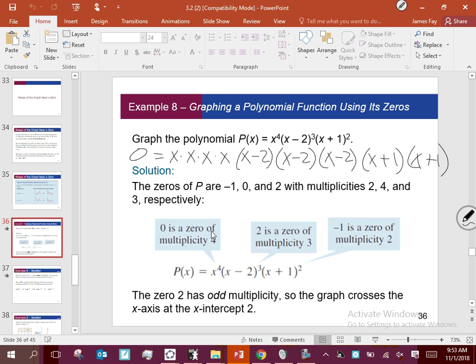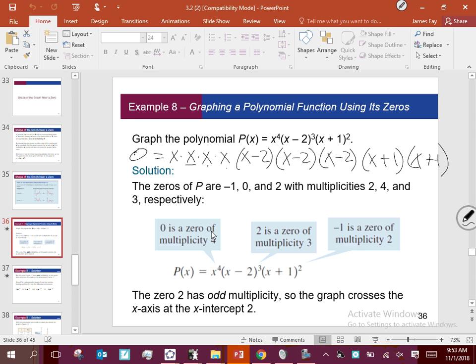Can we use the idea that if all of those multiply together and my product is 0, then one of them or all of them have to be 0? So this one here has to be 0, that one there has to be 0, that one there, that one there. X has to be 0 four times. It's a multiplicity of 4 for that x-intercept, or that zero of 0.